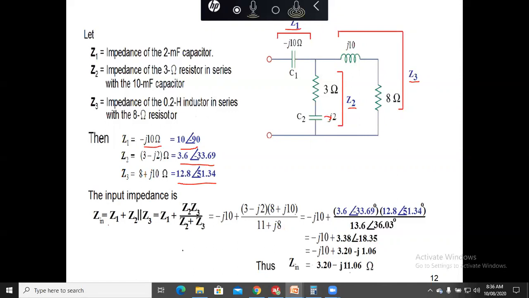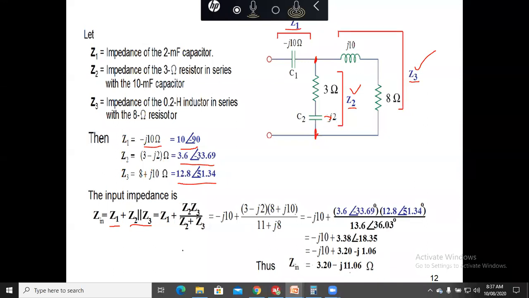So first we know that Z1 is in series with the parallel combination of Z2 and Z3, because these two branches, Z2 and Z3, are in parallel at this point and this point.